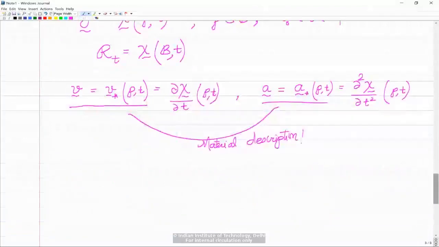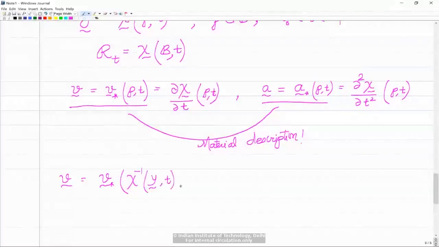So the same velocity, this v star, you write as p in terms of the inverse map of y comma t, and then you have a t, another t, isn't it? You see that the map is now dependent on time also, so therefore you have to have the time inside. T is appearing 2 times.